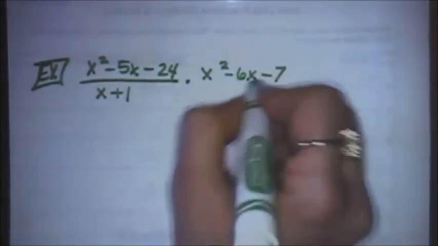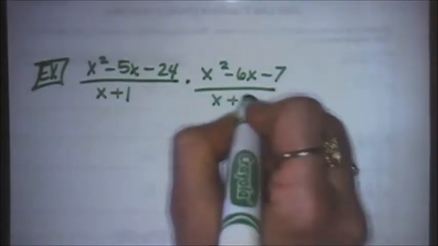This time I'm going to have a trinomial on top. So x squared minus 5x minus 24 over x plus 1, times x squared minus 6x minus 7 over x plus 3.